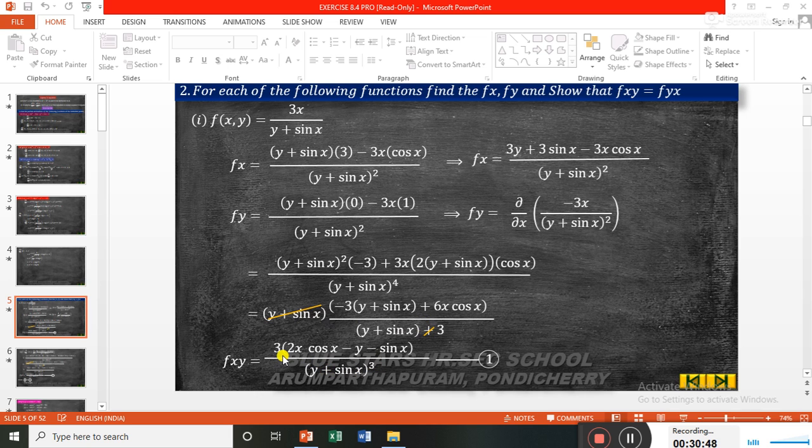I take 3 common, so 3 into the remaining factor 2x cos x minus y minus sin x. This is fxy.